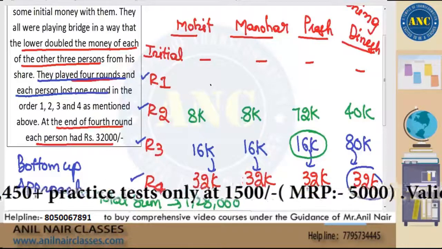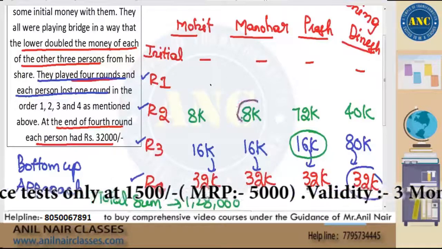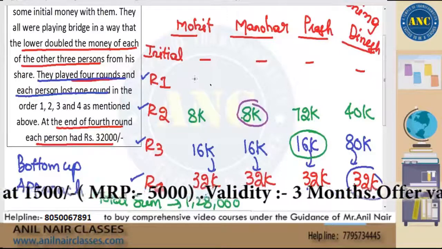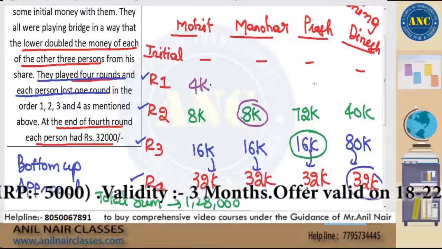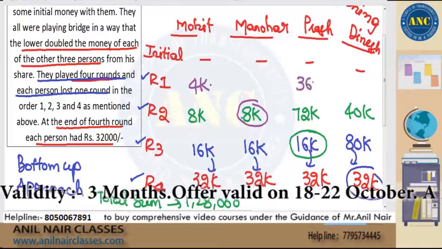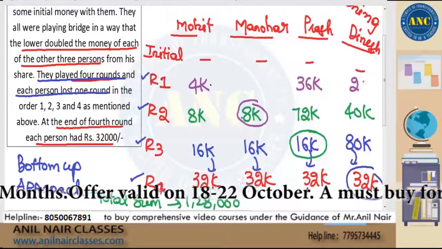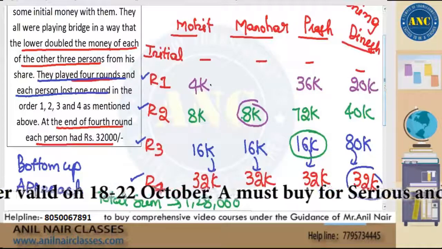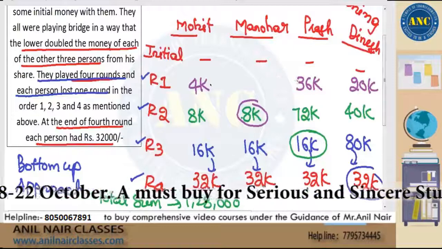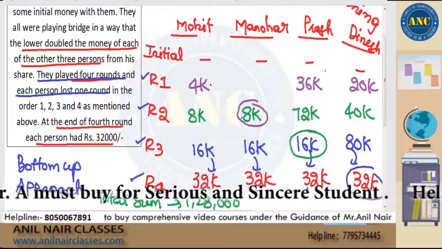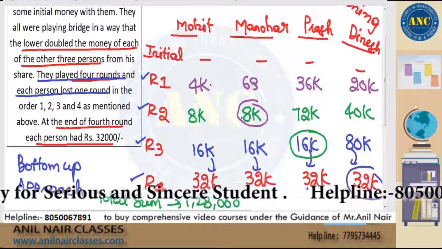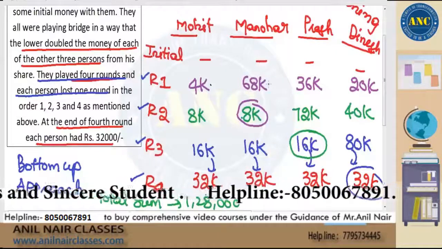Now in the second round, the second person will lose. Remaining will be half: 4K, 36K, and this is 20K. So 4 plus 36 is 40, 40 plus 20 is 60, so remaining will be 68K. I hope it is clear.